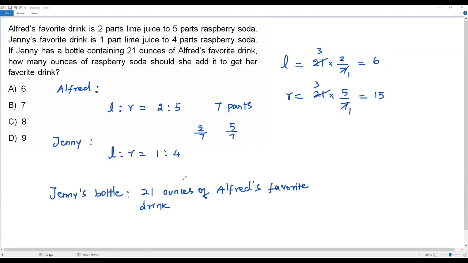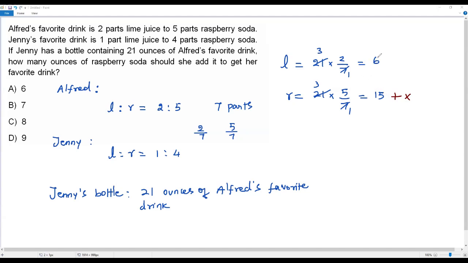Okay, now we have to find how many ounces of raspberry soda we have to add to this so that this drink will become Jenny's favorite drink. So I assume that I have to add x ounces of raspberry soda to these 15 ounces of raspberry soda.